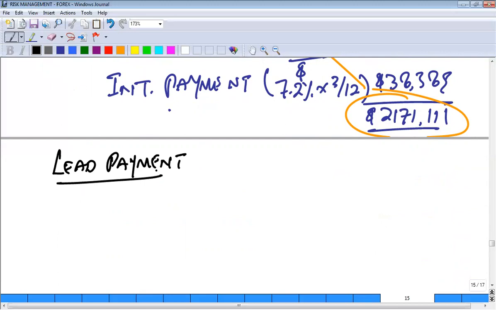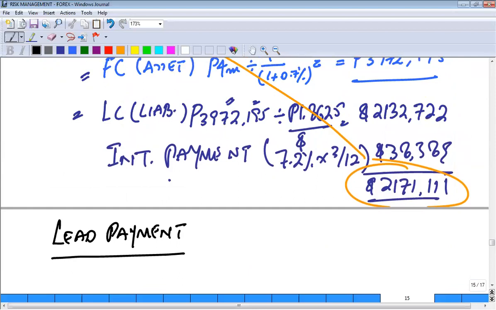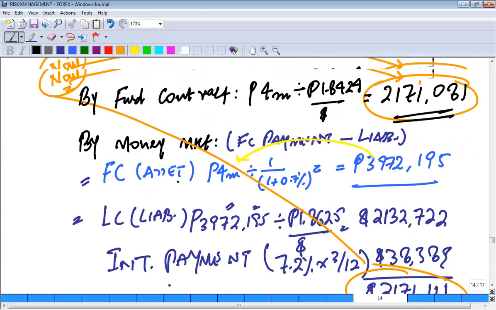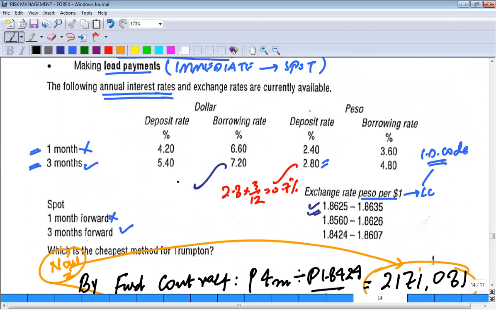Now, another important amount is the lead payment. And what is about the lead payment?